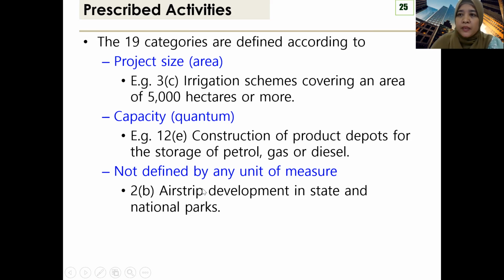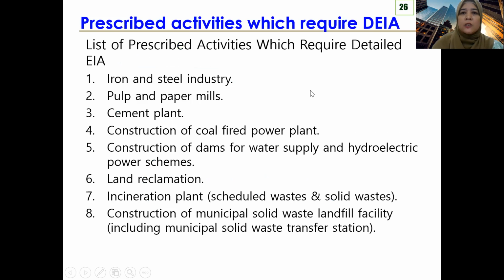You want to protect the fauna and flora of the area. That's why we berjaga-jaga. We take the precautionary approach rather than the preventive approach just now. Precautionary, it's a risk. We want to avoid the risk at all. We don't want to risk it at all, kan? So that's why we need to conduct EIA for those kind of prescribed activities.